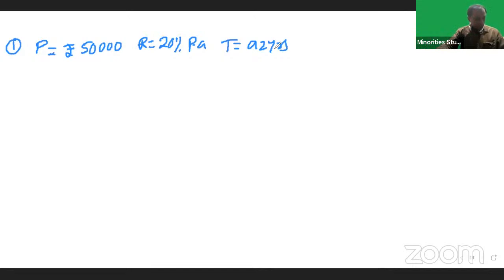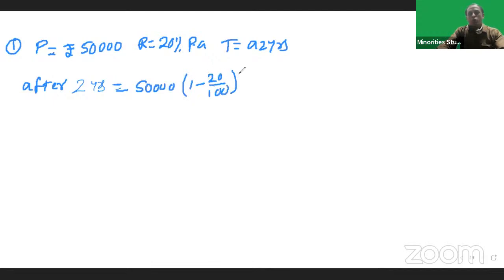Find the answer. The machine value after 2 years is equal to P value 50,000 into (1 minus r by 100), r value 20, so 20 by 100, whole power time 2 years. 20 ones are 20, 20 fives are 100, so it is equal to 50,000 into (1 minus 1 by 5).